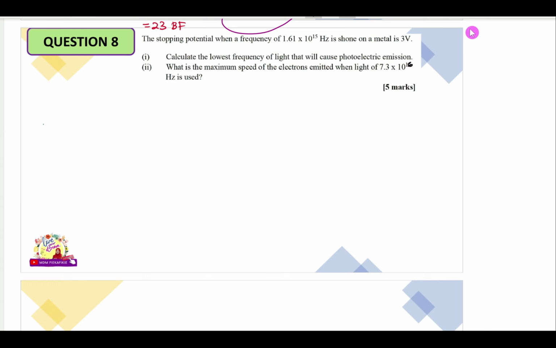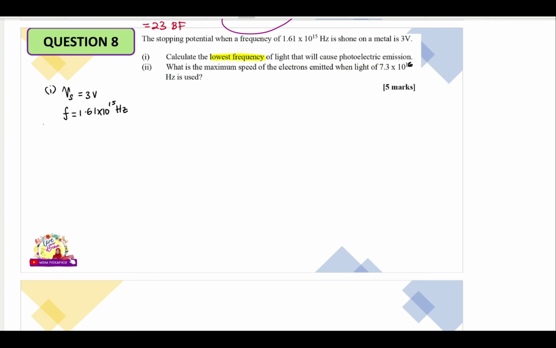Alright, so now for question number 1, so we take out all the information. So given that the stopping voltage is equal to 3 volt, and frequency of the photon, ataupun the incident light, 1.61 exponent 15 hertz. So now we want to calculate the lowest frequency of light that will cause photoelectric emission.